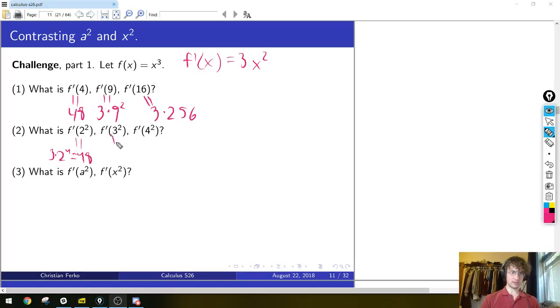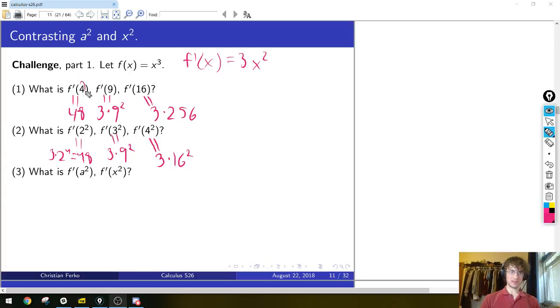Good. What's f prime at 3 squared? 3 times 3 to the power of 4. Yeah. 3 to the power 4 is again 9 squared. What's f prime at 4 squared? 3 times 4 to the power of 4. Yeah, which is again 3 times 16 squared. Right. So these are actually precisely the same.